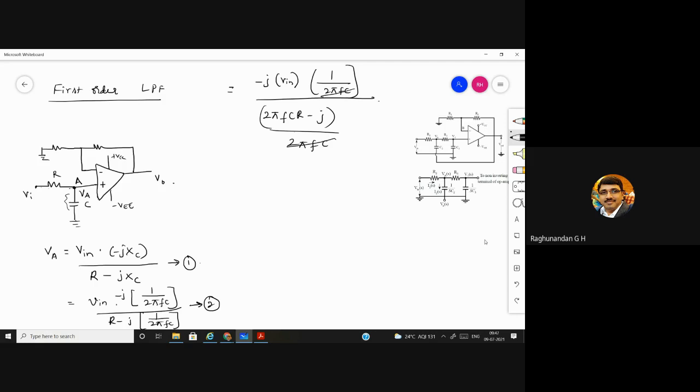This cancels out, so that we get minus j divided by 2 pi FRC minus j, into Vin.